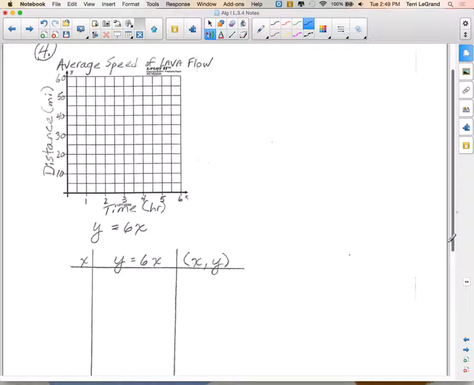So how many miles per hour is it, by the way? 6. So what's the function for this one? Y equals 6x, okay. So they gave us the function for it, and then they found some ordered pairs by doing what? Magic? Did it just happen? I think it's one of the steps that told you to do what?